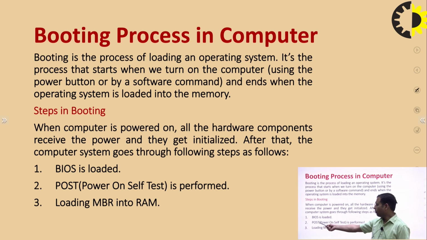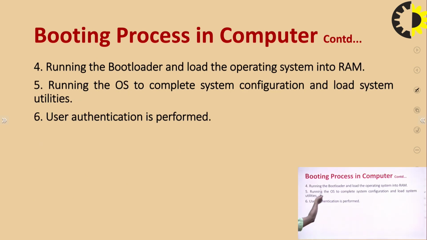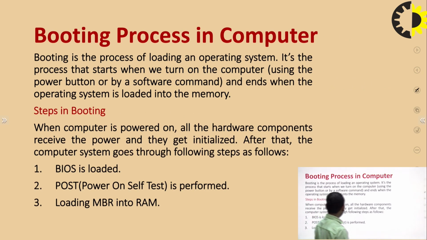Next, POST, power on self test, is performed, then MBR is loaded into RAM. Fourth is running the bootloader and loading the operating system into RAM, then running the OS to complete the system configuration and load system utilities, then user authentication is performed. We will see it one by one.